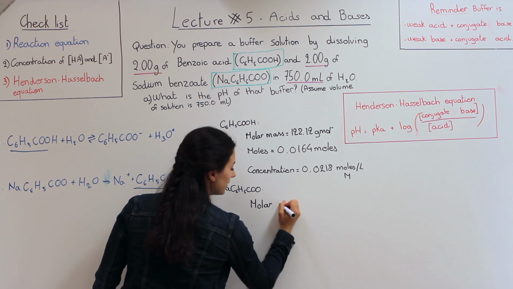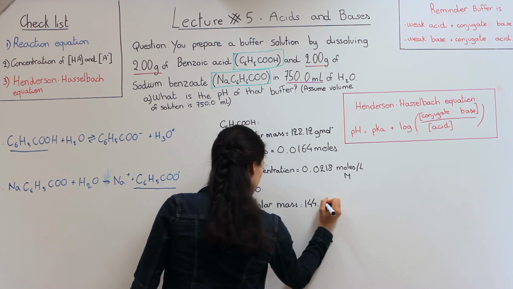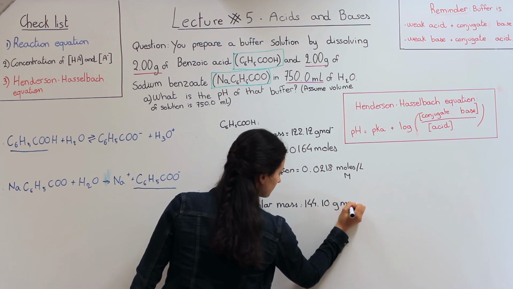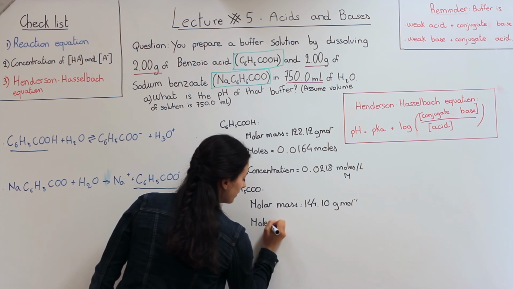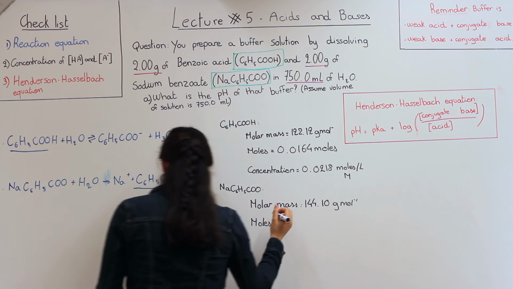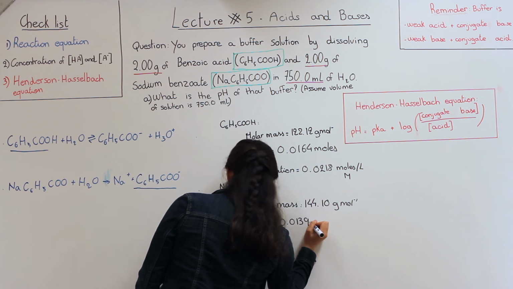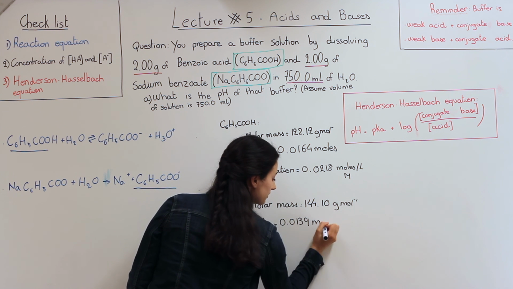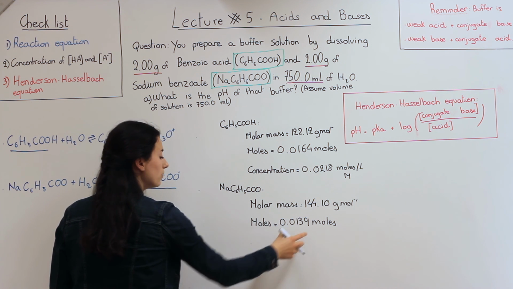So we're going to do the same thing: find the molar mass, find the number of moles the same way we did, by dividing the mass by the molar mass, and find the concentration by dividing the number of moles by the volume.